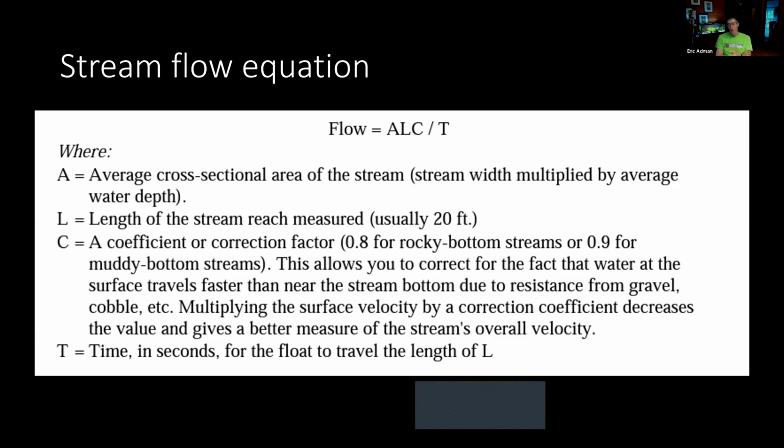So if you have a rocky bottom stream, essentially you have a smaller coefficient because the flow is going to be slowed down a little bit more by the bottom compared to a smooth muddy bottom stream. And then time. So that's our basic equation that we're going to use to calculate stream flow.